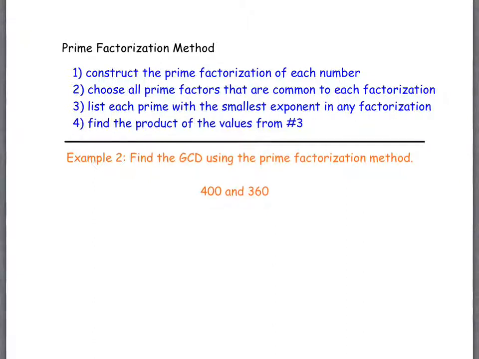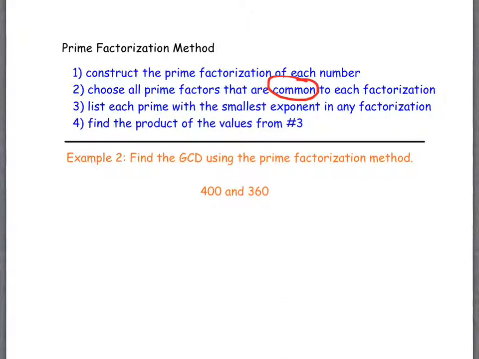So one way of doing this is the prime factorization method. In this method, we find the prime factorization for each of the values we're looking for. We look at whatever prime factors they have in common. That phrase, common, is important. And then we list each prime that they have in common with the smallest exponent.